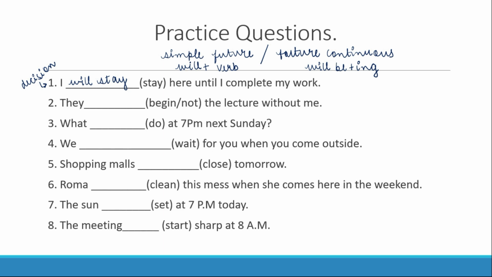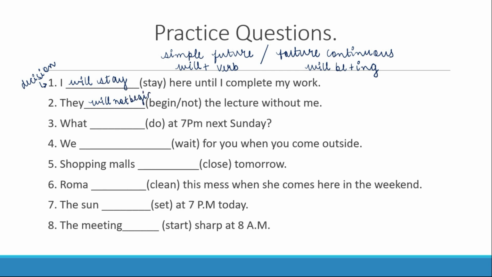They dash the lecture without me. Okay, so will it come they will not begin the lecture without me, or will it come they will not be beginning the lecture without me? So they will not begin.